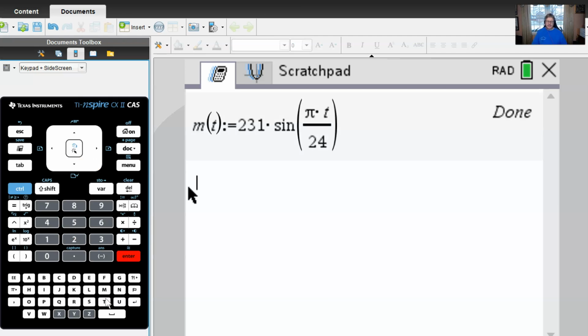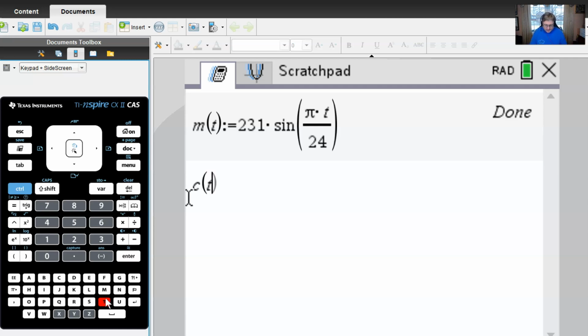And I'm going to hit enter, and when I see the word done, I know that I have stored that particular function. Those of you using a TI-84, you go into your y equal menu and you make this y1, and you will have to use x instead of t.